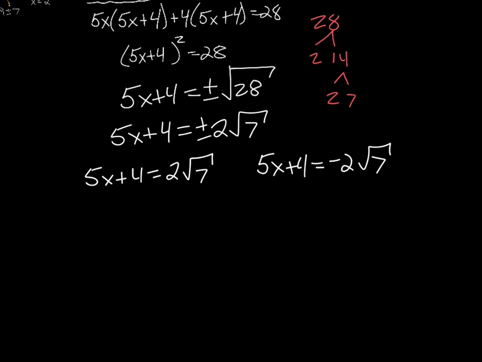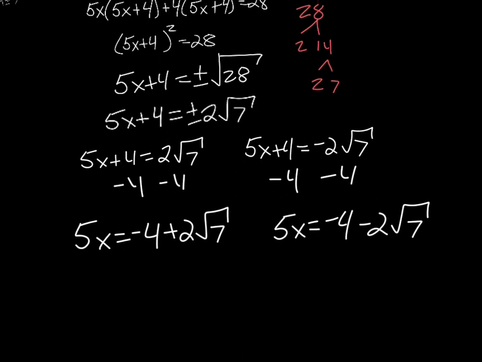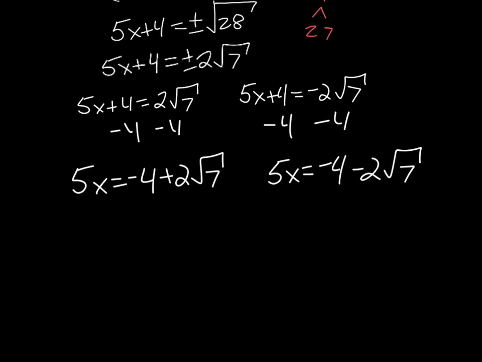So we're going to subtract 4. We're going to have 5x equals negative 4 plus 2 radical 7, and then 5x equals negative 4 minus 2 radical 7. When you divide, everything needs to be divided by 5.